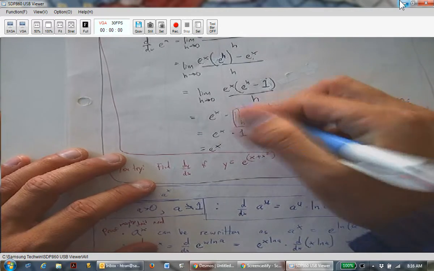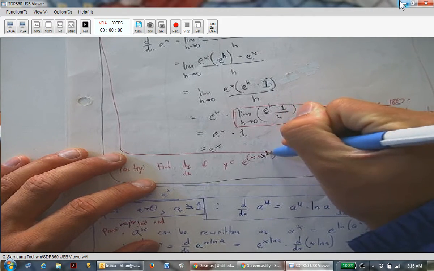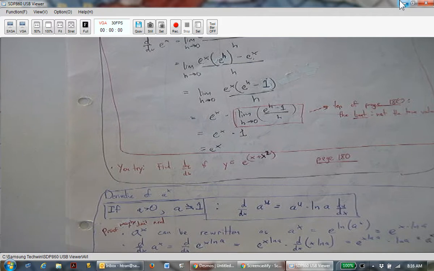Let me write that a little more clearly. It's not that hard. You just have to add the equation, like e to the u.